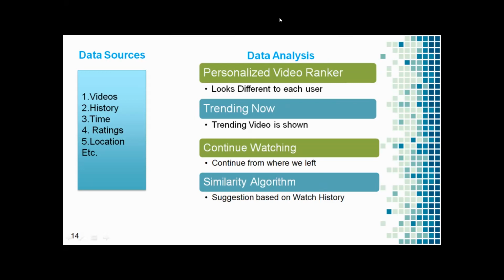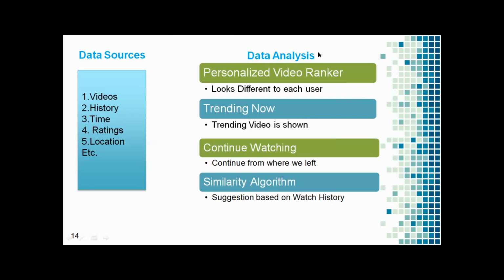Right. Then we have the similarity algorithm. What is this? This is the suggestion based on our watch history. I told you, Netflix collected our data. Once it collected our data, it will create personalized information about us, and then according to that, it will suggest that you can also watch this movie or this show, this will best suit you.